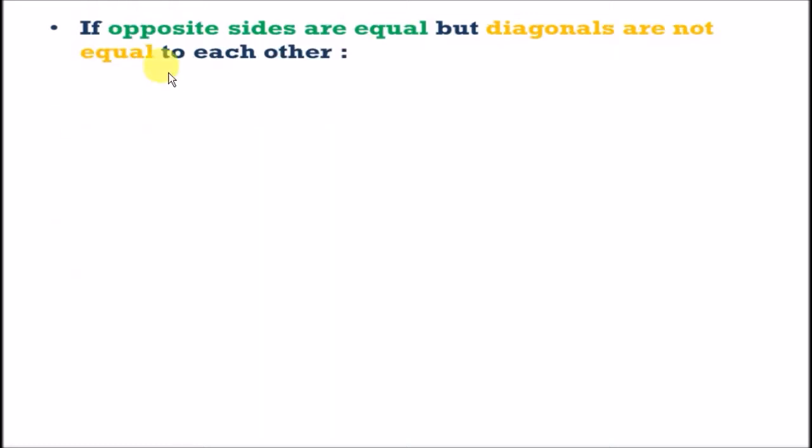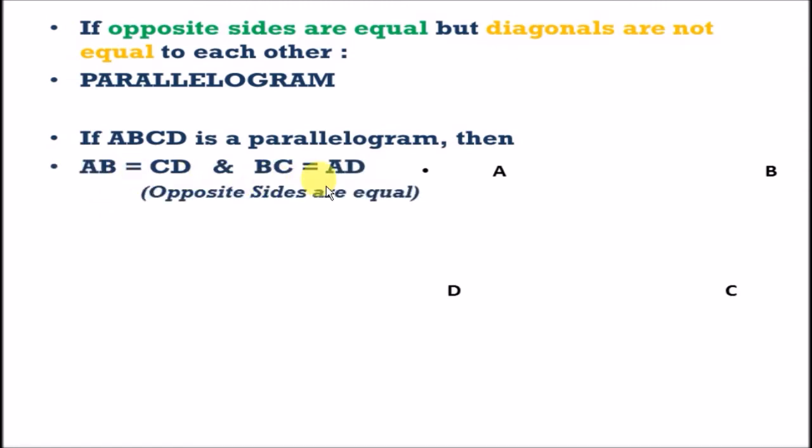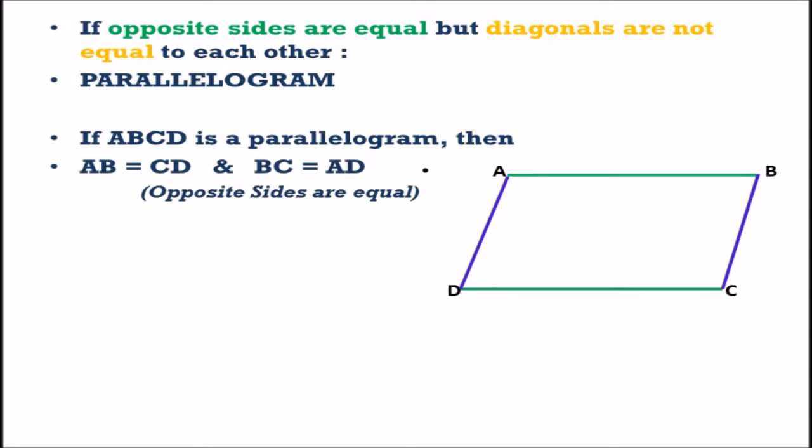Moving on. If opposite sides are equal but diagonals are not equal to each other, then such quadrilaterals are known as a parallelogram. If ABCD is a parallelogram, then we will have AB equals CD and BC equals AD.